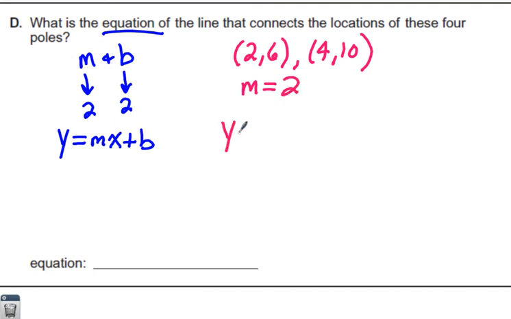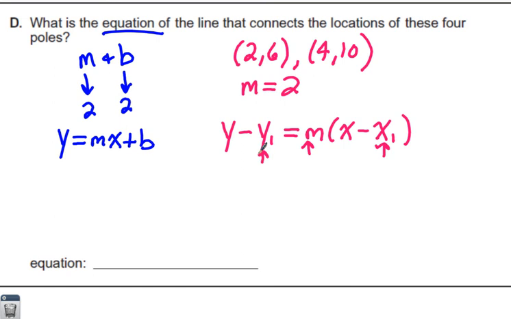And then you can go ahead and plug into this formula. It's one option you have, because you would have m and you would have a point.